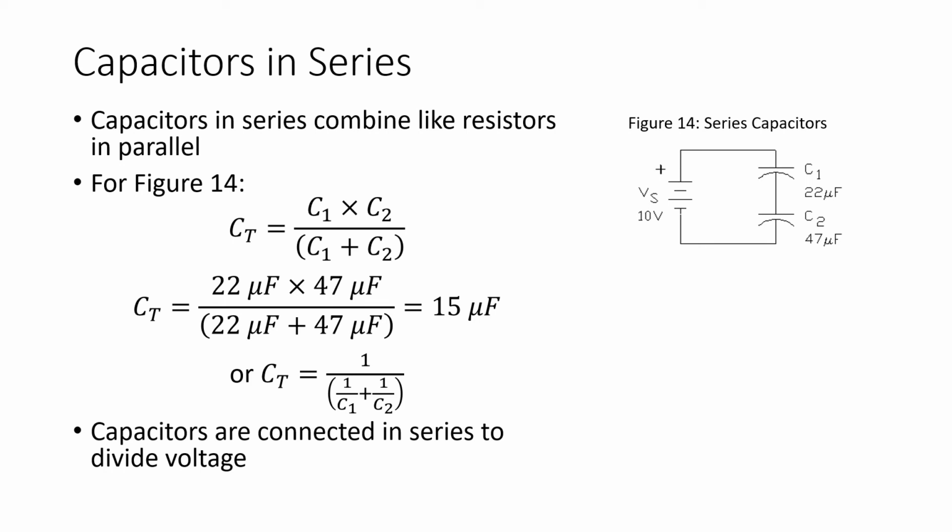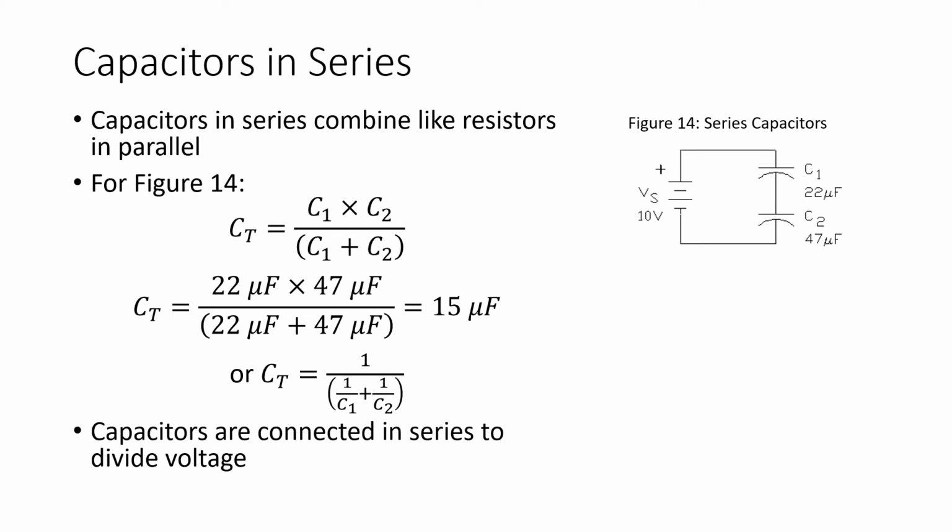Now, capacitors connected in series combine like resistors connected in parallel. Referring to the circuit of figure 14, we see a 22 microfarad capacitor connected in series with a 47 microfarad capacitor.